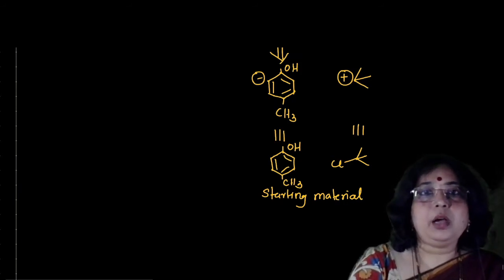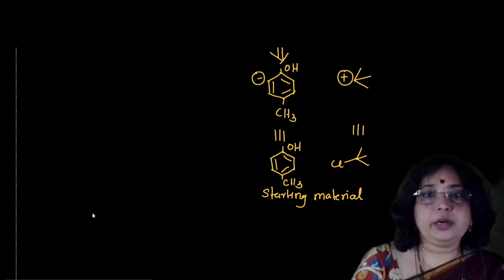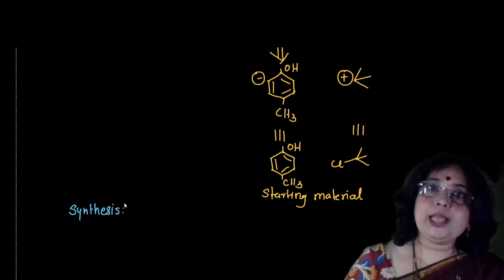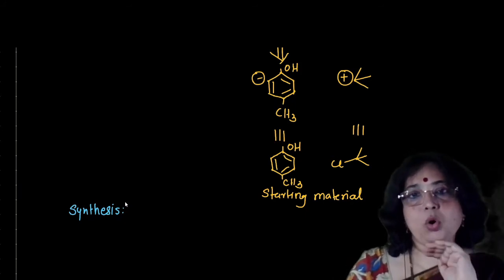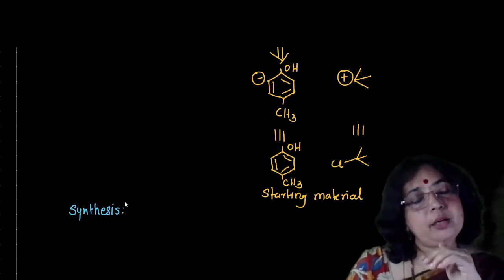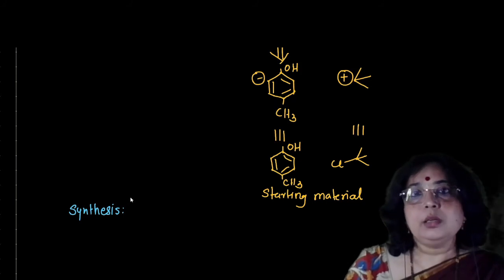All right. Now let us go to the second part of the retrosynthetic analysis, and that is nothing but the synthesis. Now as we know, the starting material here is already commercially available, so we are not going to make it simpler. This is already a simple one.